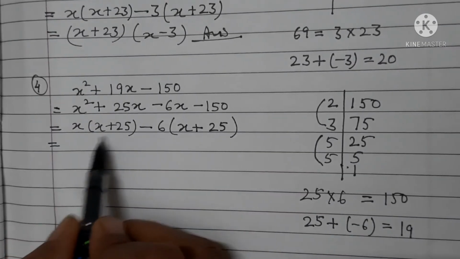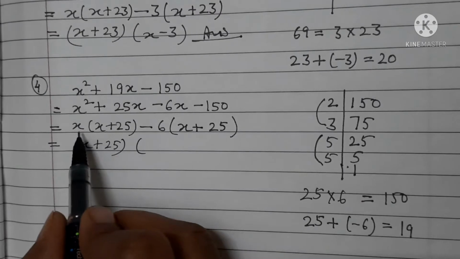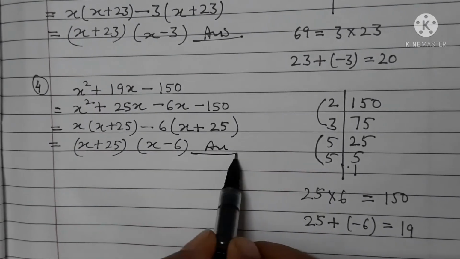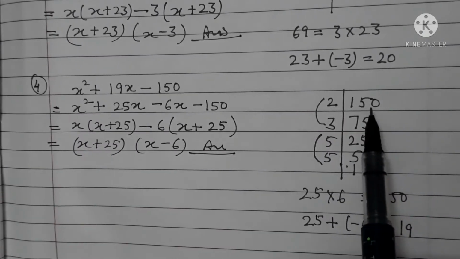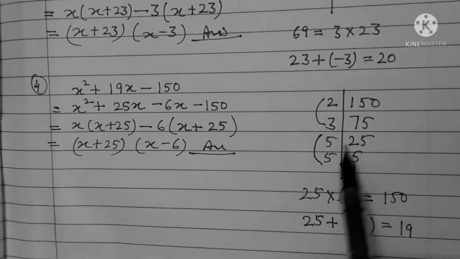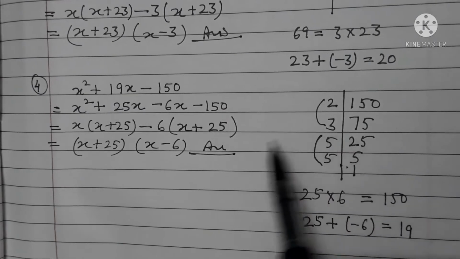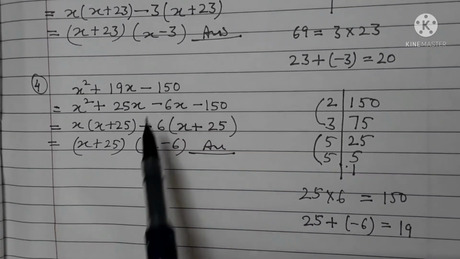So here x plus 25 is common and the other bracket is x minus 6, answer. So easily you will get two numbers when you do prime factors and take any two factors, so that you will get the term which is constant.